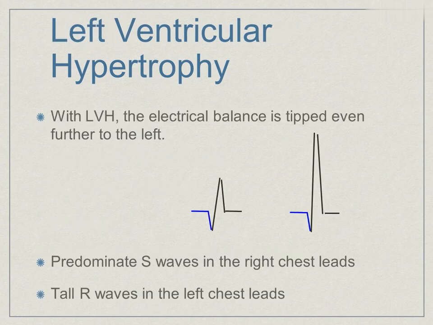Left ventricular hypertrophy. With LVH, the electrical balance is tipped even further to the left. Predominant S waves in the right chest leads. Tall R waves in the left chest leads.